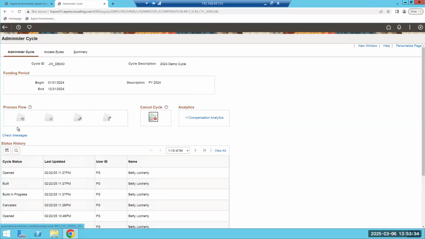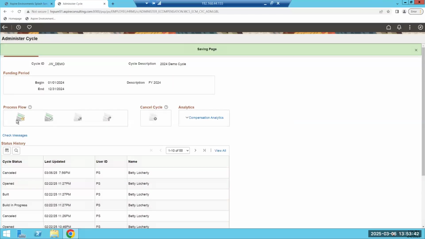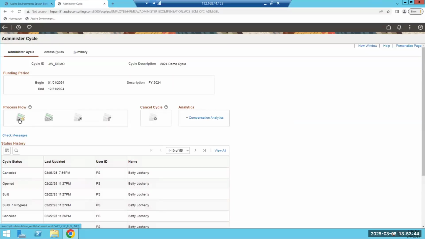The process flow basically is canceled here. Okay, just so we can see. So we can see that there's the build process. That's an app engine that actually runs and builds our compensation cycle.